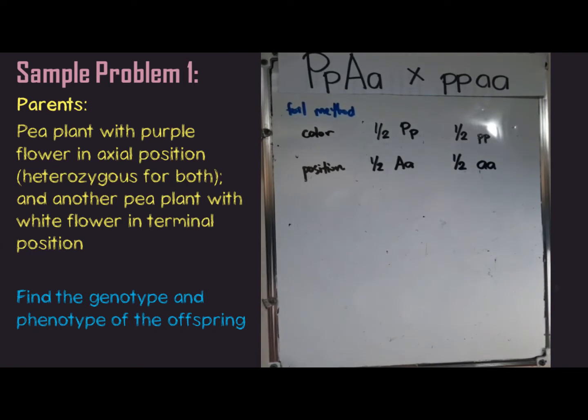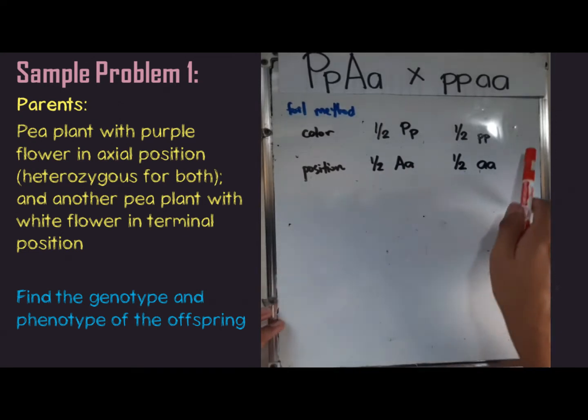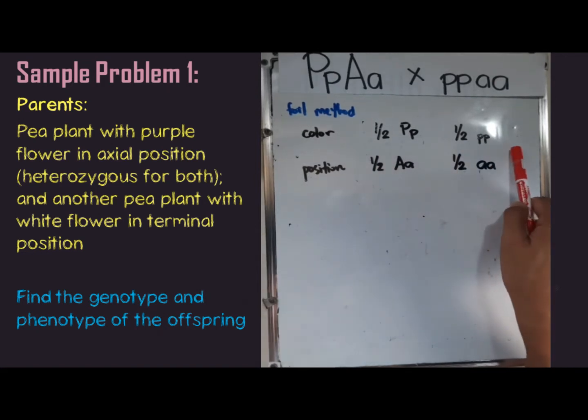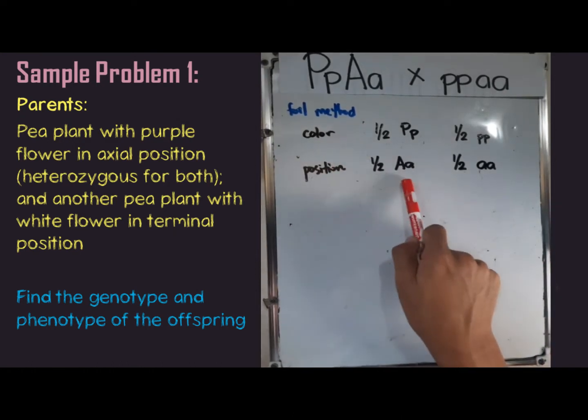So now, after we are done segregating the different possibilities for the different traits, let's proceed with the product method to know the genotype and the phenotype of this offspring. Our equation would look like this, since on the very first level, we already laid out the segregation of the genotypes for the flower color. Then on the second level is the segregation of the genotypes for the flower position.